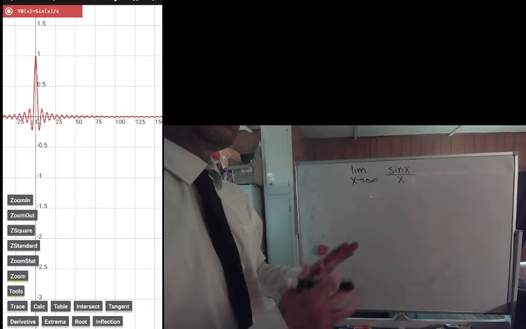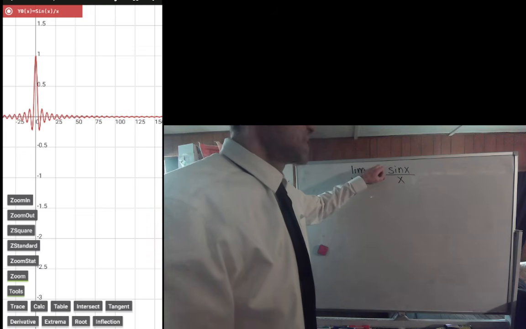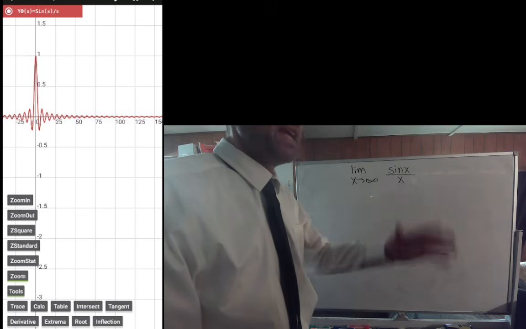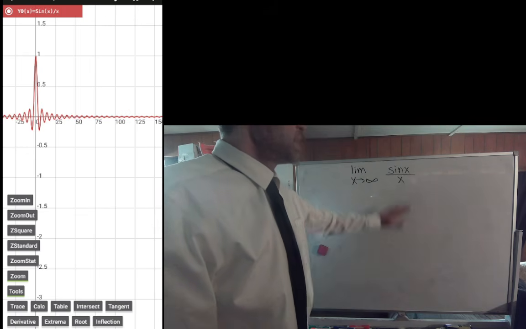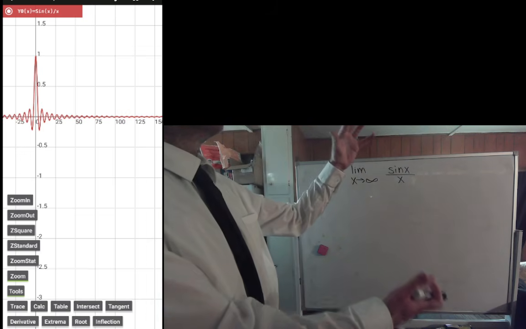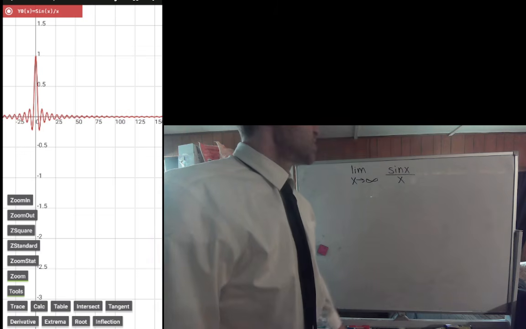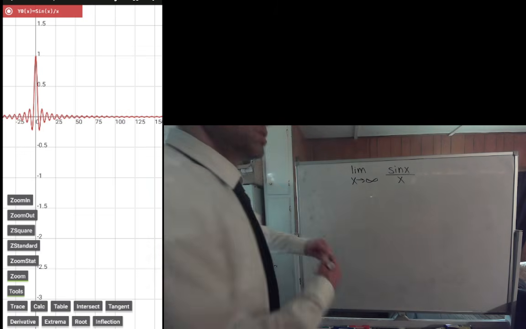The reason being is, yes, it's true that the sine of x itself oscillates between -1 and 1, but if you look at your denominator, the higher and higher values you put in, it's going to make that oscillation basically insignificant to where you're going to get infinitely close to zero.